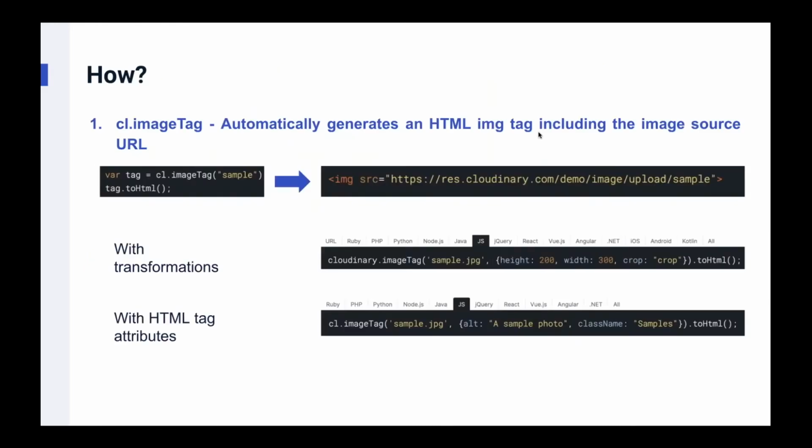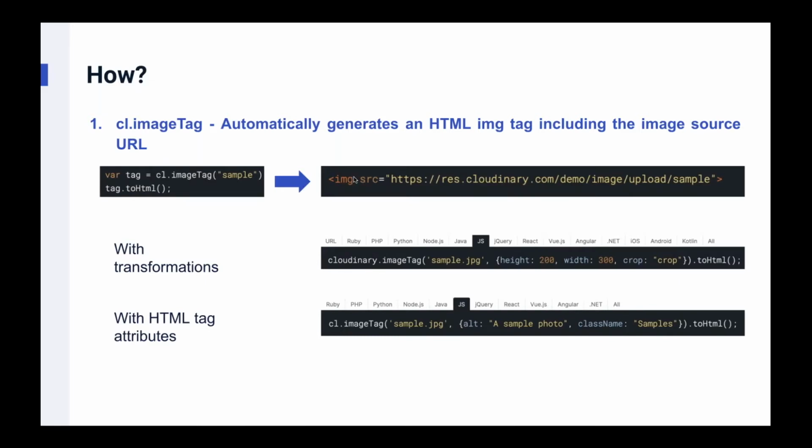So let's talk about how we can perform the resize and at the same time generate these image and video tags on the web pages. As I mentioned earlier, we have a lot of SDKs that can do this. For this example, however, we're going to look at a JavaScript SDK. Here I'm showing you a few code snippets that can take in a public ID of an image, which you see here on the left, and then using the syntax here, it's going to generate an image tag with the full URL of that image.